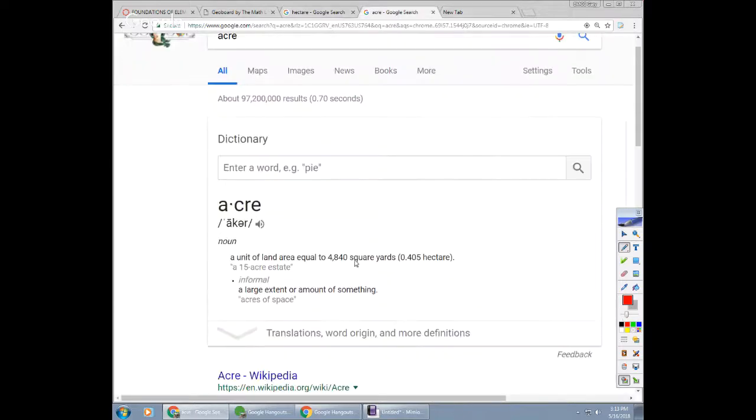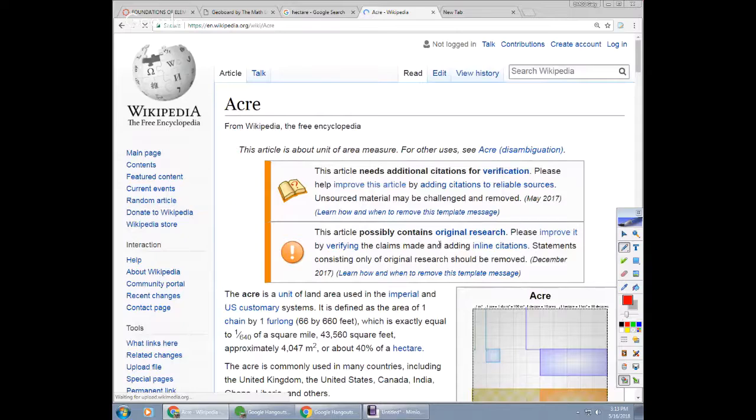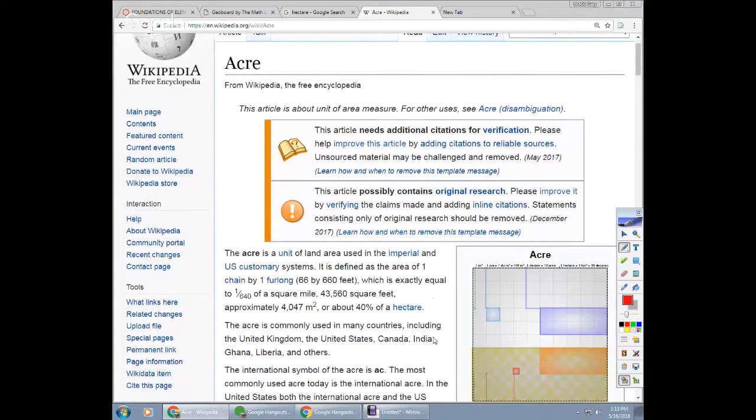Okay, let's go to Wikipedia. They usually have good things. Oh, it's 1/640th of a square mile. Okay, that's where I get the 640 from. And 43,560 square feet. So they're kind of good things to know, and we'll play around with some scale drawings of those later. But at the moment, I just want to go over some basic stuff.